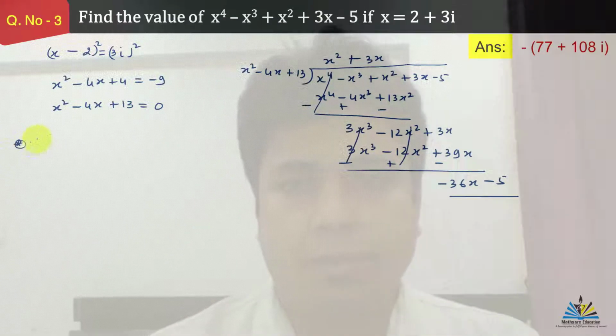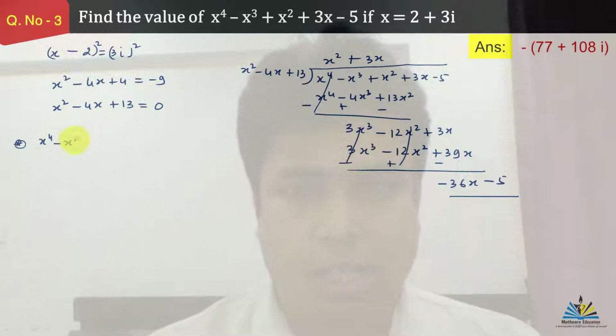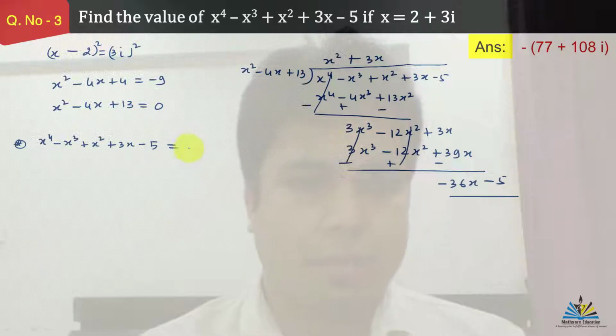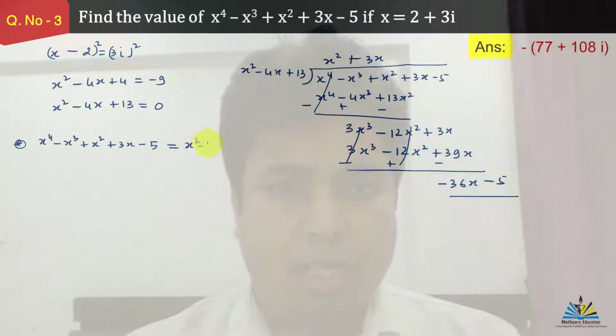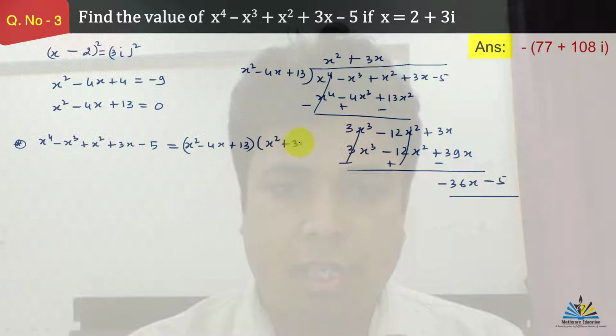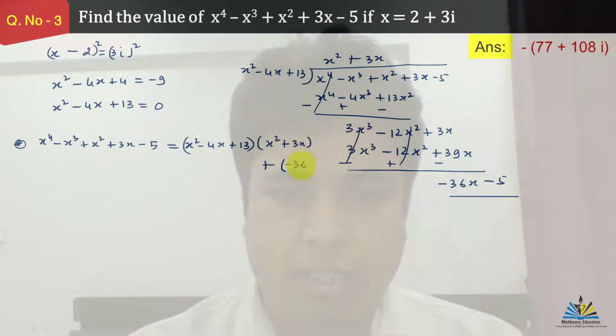It means that x to the power 4 minus x to the power 3 plus x square plus 3x minus 5 can be written as x square minus 4x plus 13 into x square plus 3x, plus the remainder minus 36x minus 5.